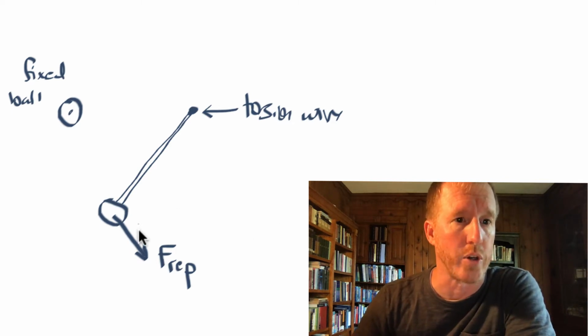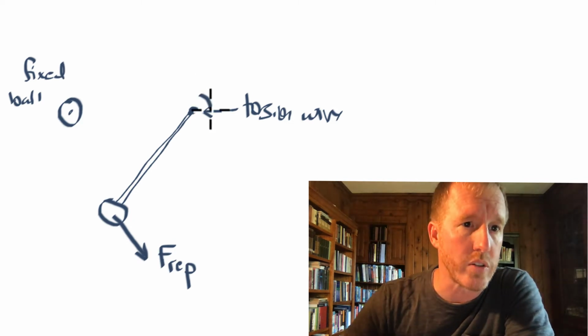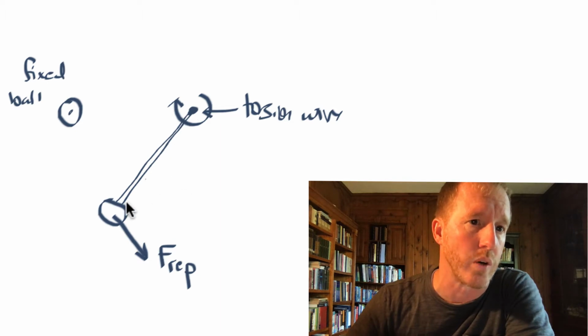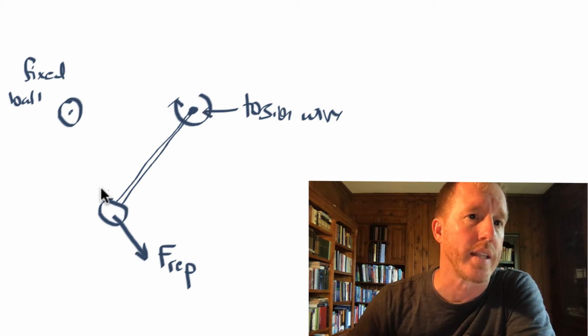Now the question is, how do you measure this force of repulsion? That is what Coulomb would like to do. Well, you basically twist this torsion wire in this direction. There's a micrometer on top of this. When you twist it, the wire twists, and this rod here pushes the ball back to some location. And by how much force this torsion wire is pushing it back, that provides a measure of the repulsion force right here.